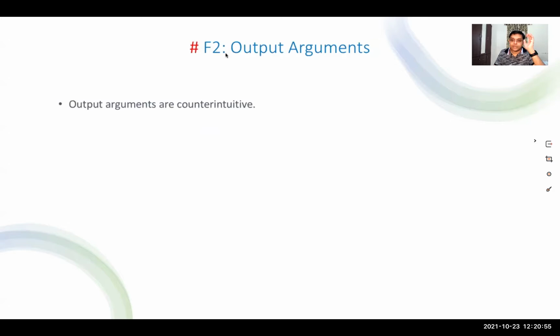Okay, and output arguments. Some languages can give output arguments also. You can pass the input arguments, and you can put the output arguments also to the functions. But don't use that unless it is really required, because everybody assumes that arguments will be the inputs, not outputs, because you can pass a variable, get it updated, and get it back.